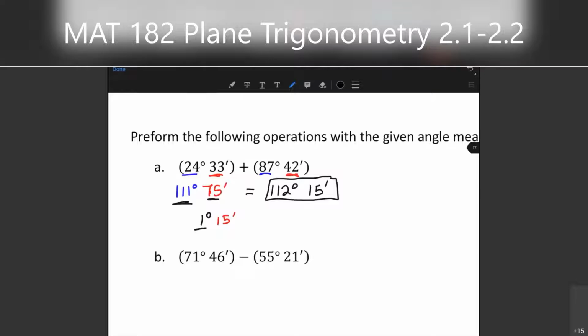I'll give you a few minutes to work out the solution for part B, and then we'll take a look at it together. Awesome.